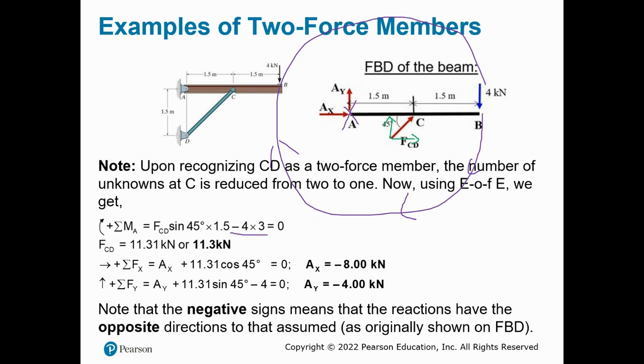Only the vertical component of FCD is generating moment, because the horizontal component of FCD goes through the axis of rotation, which in this case is point A. Therefore, it's not in there. So it's only the vertical component, which is FCD sine 45 times the moment arm, which will be 1.5.